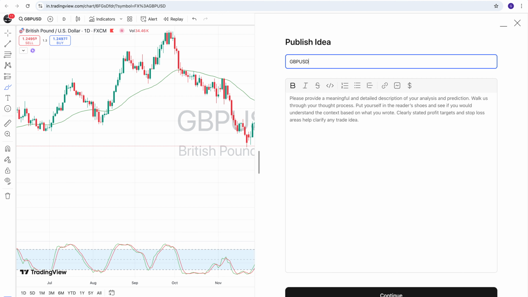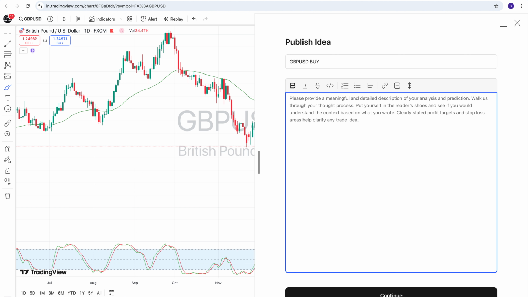GBP USD, still it's a buy for me, as it is forming higher highs and higher lows.